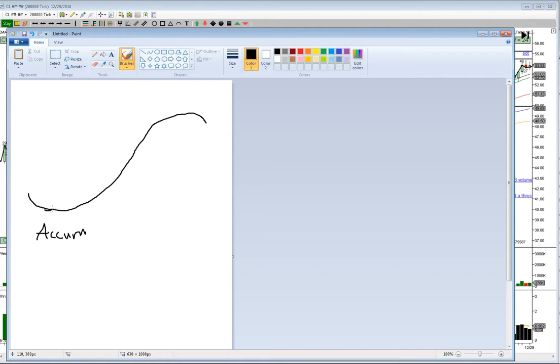Usually what that means is that once it gets to a low, there's going to be buying. There's going to be a buying wave. The second thing to note is that there's going to be testing. So you have your accumulation, then you have your testing, and then boom, you have the breakout.